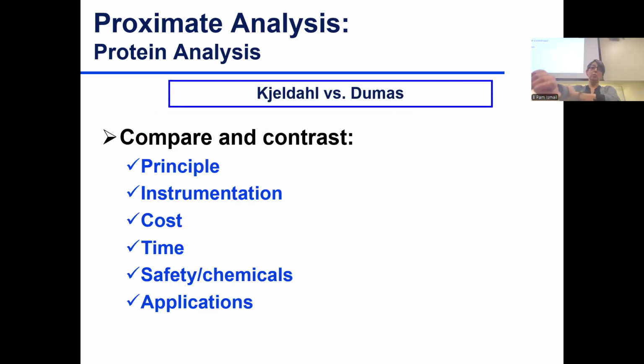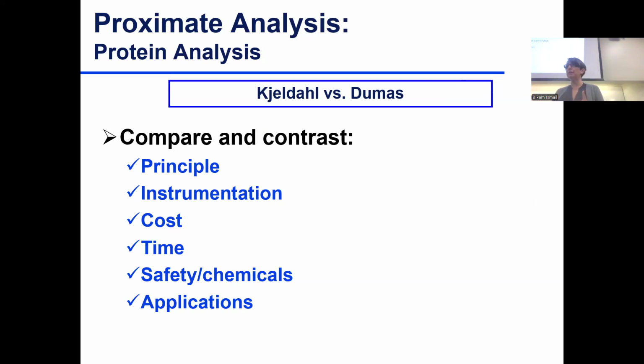So if I want to compare Kjeldahl to Dumas, are they both based on nitrogen content? Both are based on measuring nitrogen content, but in one we use chemical reactions, the other is automated combustion. The LECO or the Dumas method using a nitrogen analyzer, the company is LECO, the most common one.